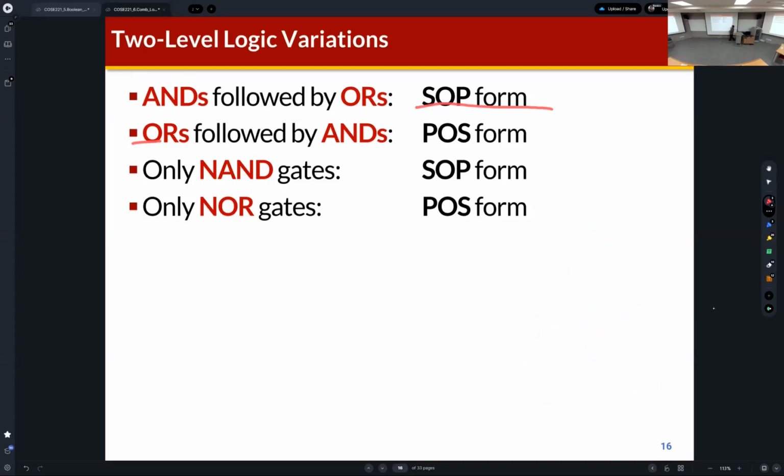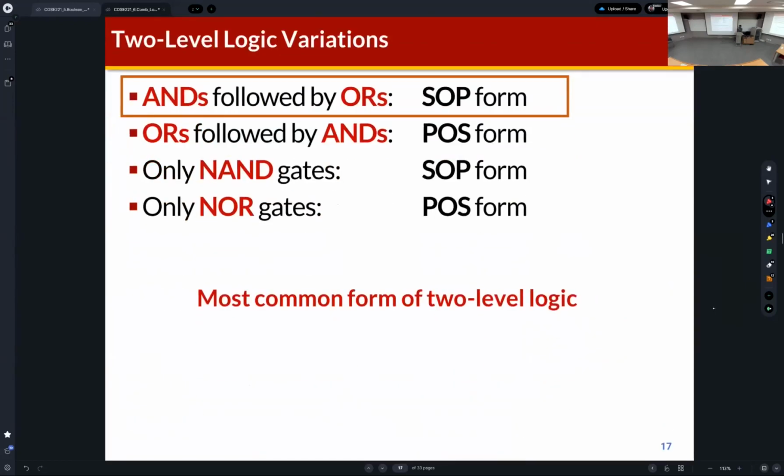We can also implement the SOP form using only NAND gates. I will explain later. Also, we can generate the POS form of a Boolean equation using only NOR gates. But usually we use the AND followed by OR, so the SOP form. This is the most common form of the two-level logic.